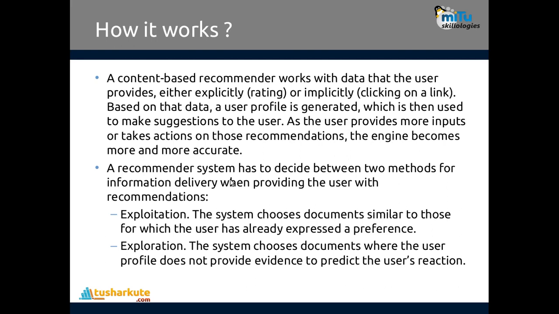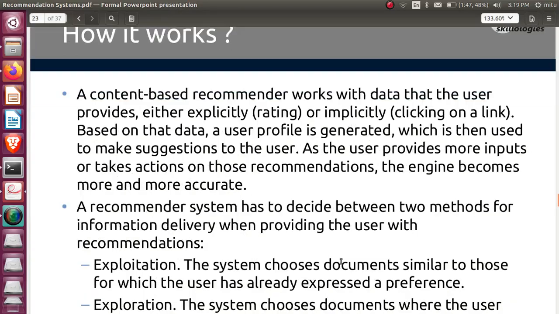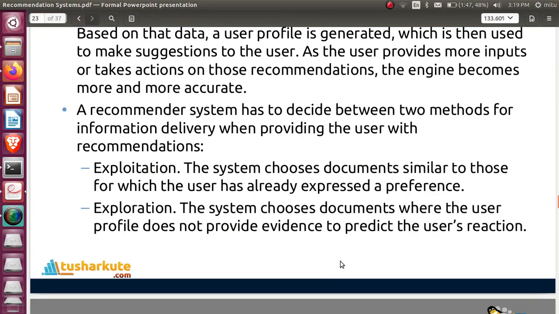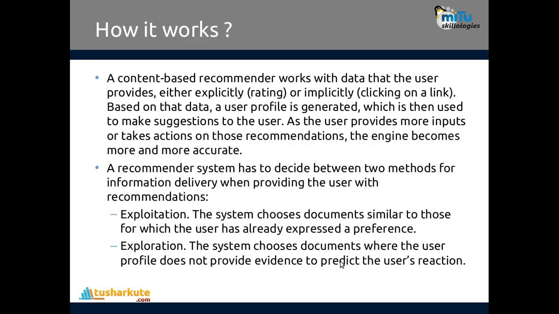The recommender system has to decide between two methods for the information delivery when providing the user with the recommendations. Now, which two methods are there? Exploitation. So, in exploitation, the system chooses documents similar to those for which the user has already expressed a preference. And the second one is exploration. The system chooses the document where the user profile does not provide evidence to predict the user's reaction.